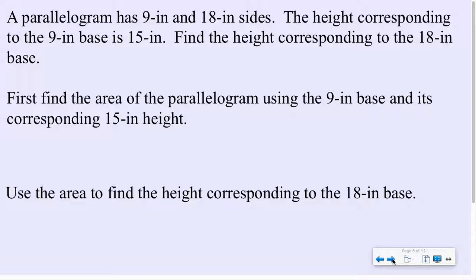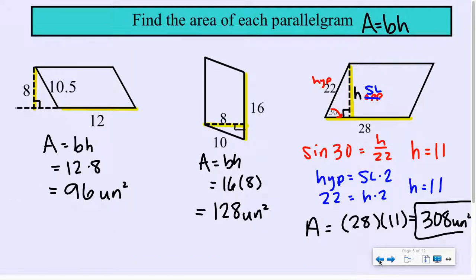It says a parallelogram has 9-inch and 18-inch sides. The height corresponding to the 9-inch base is 15 inches. We want to find the height corresponding to the 18-inch base. Okay? If I flip back here quick, 18 and 16 make a right angle, right?